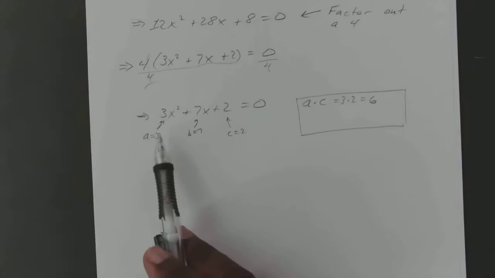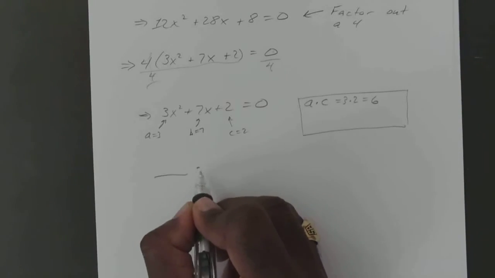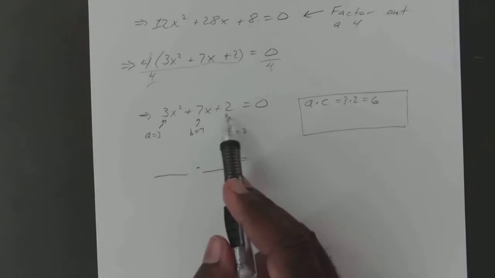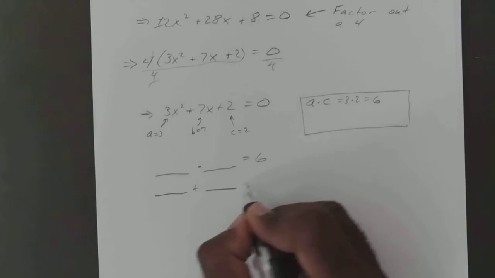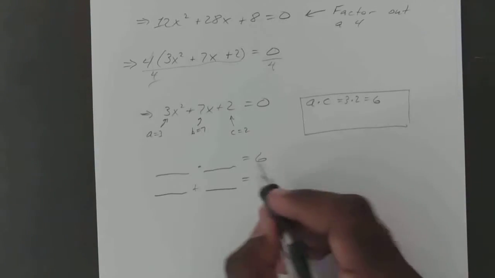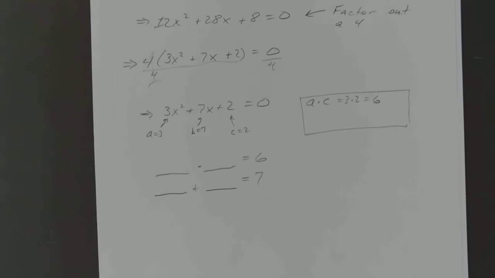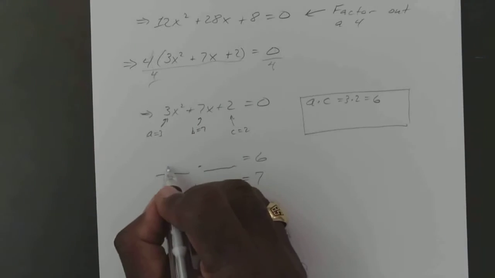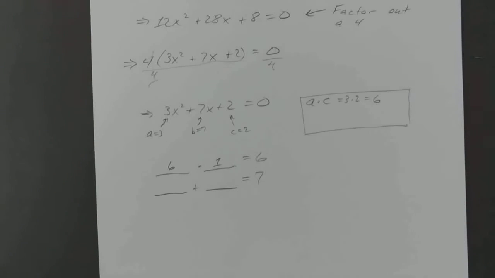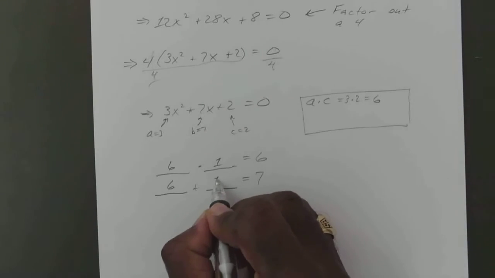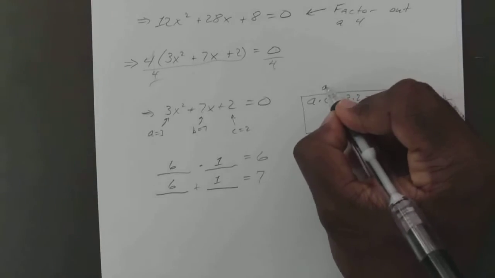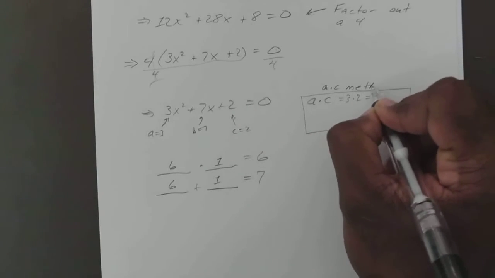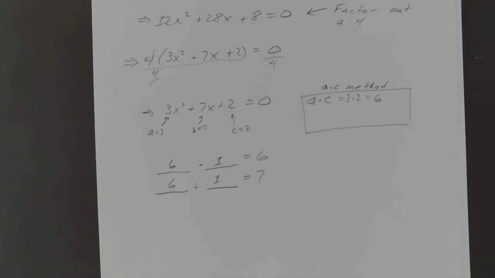So that means we have to find two numbers that multiply to equal your a times c. And those same two numbers have to add to equal your b. Yep, 6 and 1. So you have 6 times 1 is 6, and 6 plus 1 is 7. Actually, let me write a times c method right there.